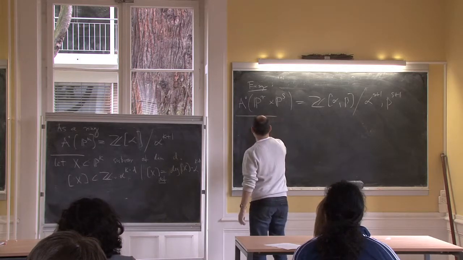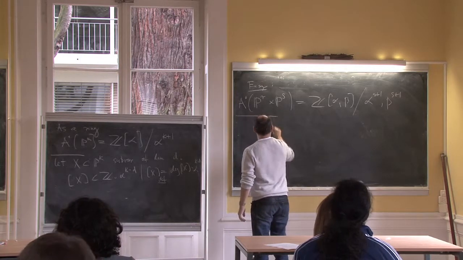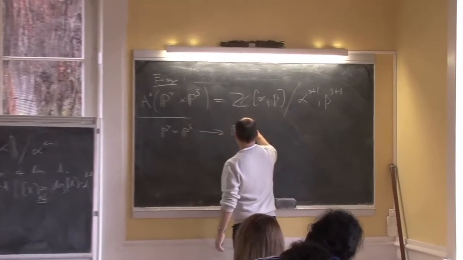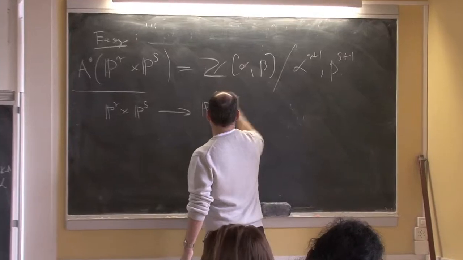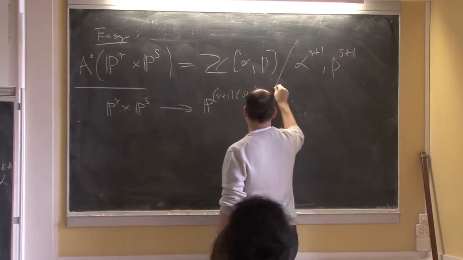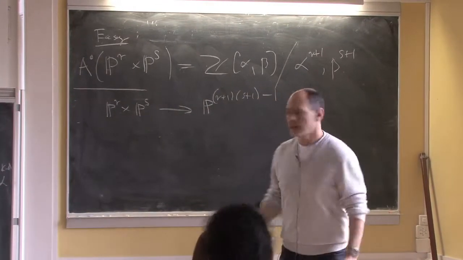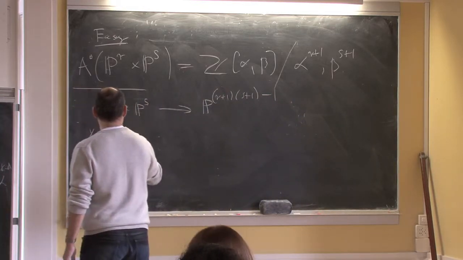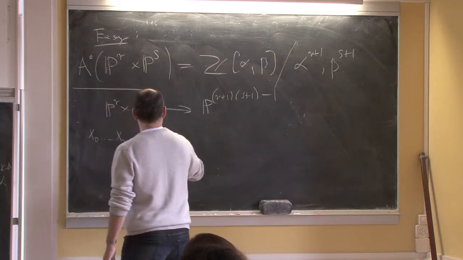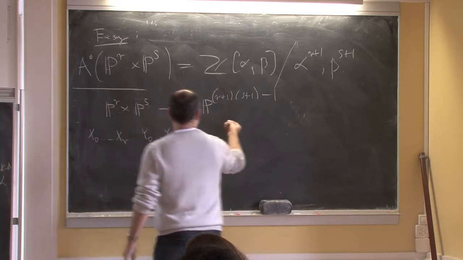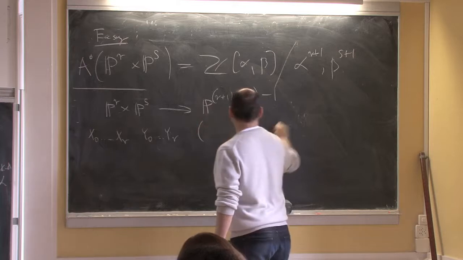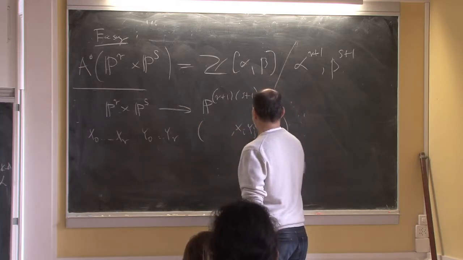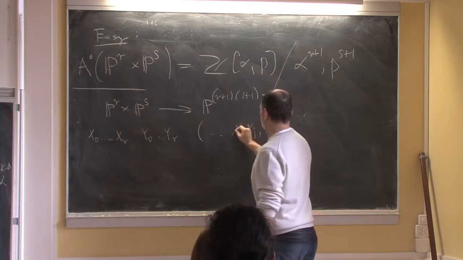I take this standard map from P^r times P^s to P^((r+1)(s+1)-1). We have x0 up to xr, y0 up to ys, and then I go to x_i times y_j.